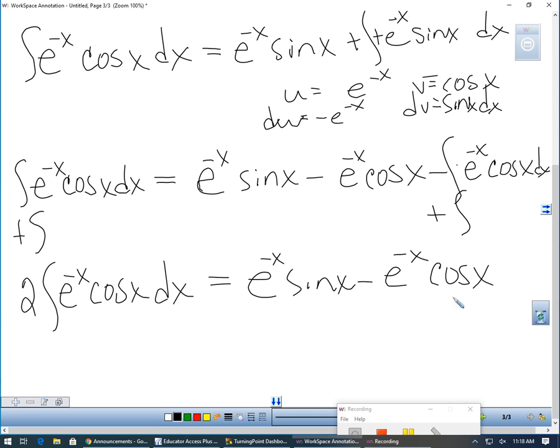We're still good? So then the last thing we can do is we're solving for this integral. We can divide both sides by 2. We're going to divide this whole side by 2. And then put plus c on the end.